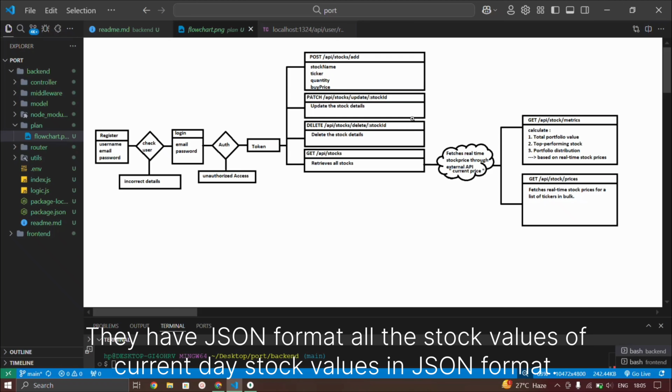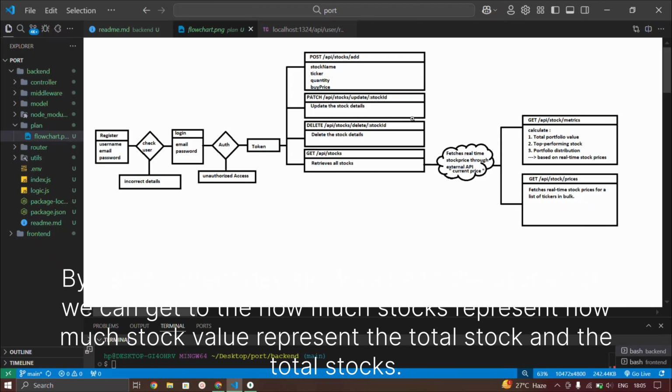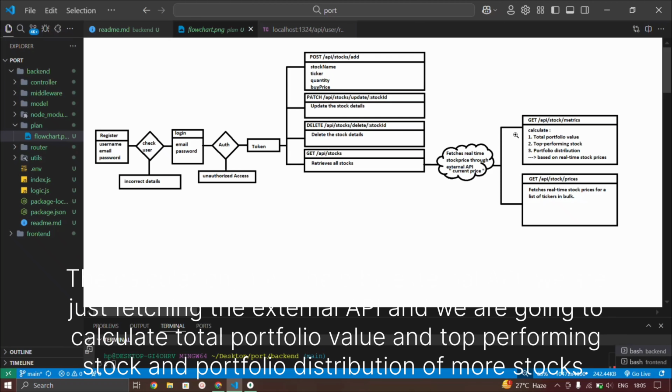It has all the stock values, the current day stock values, in JSON format. By using the current day stock value with the user's stocks, we can get how much stock is present and how much value the total stocks represent.